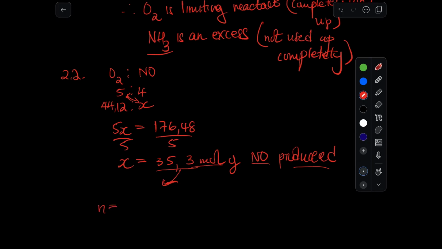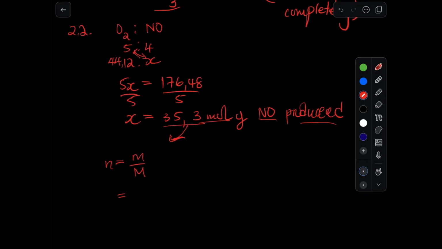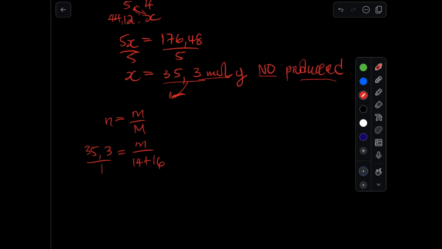We'll say number of moles is equal to mass over molar mass. So converting that, the number of moles is 35,3, and we want the mass. The molar mass of the nitrogen oxide is 14 plus 16, which is 30. So the mass of nitrogen oxide is equal to 35,3 multiplied by 30.